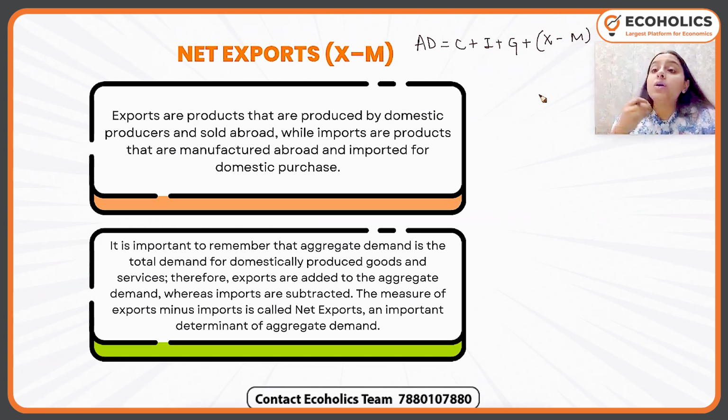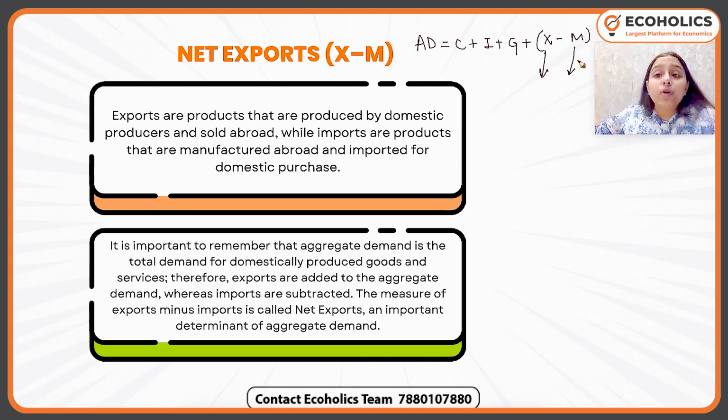What is the demand for the goods and services produced in the domestic territory of the economy? Export is the demand of foreigners from our economy, but it is getting produced here. So that is part of aggregate demand. Whereas import is the demand of people living in our economy, but that is something not produced by us.